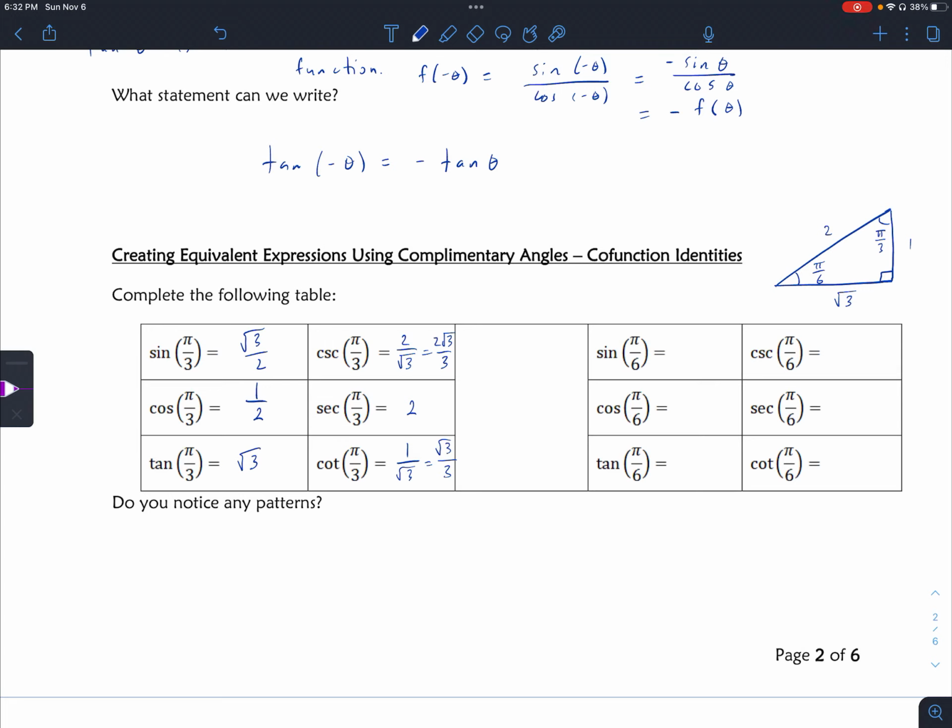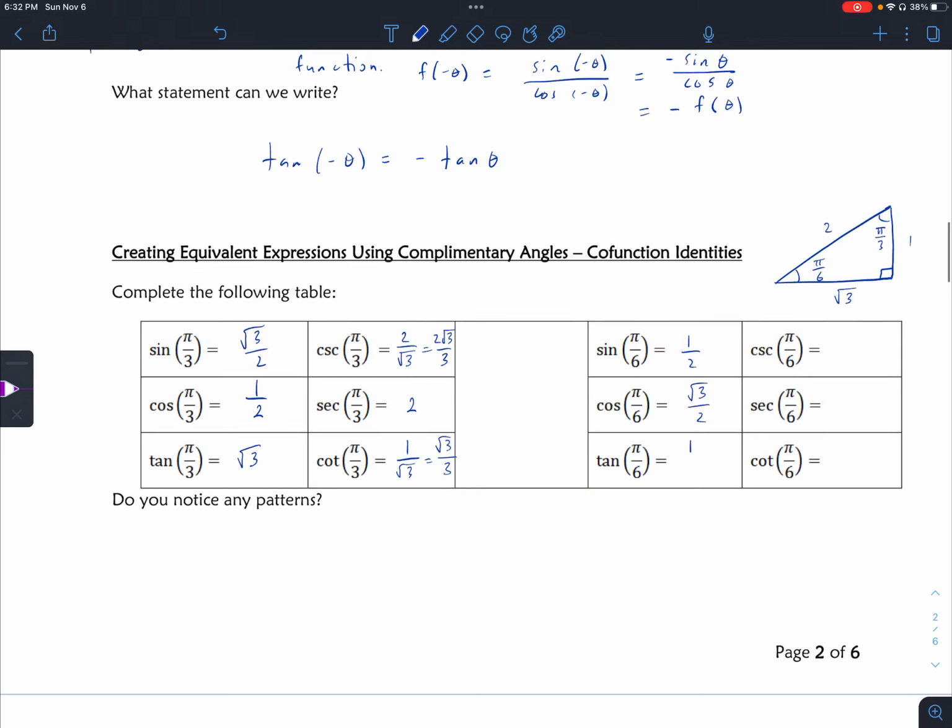Okay, now looking at sine pi over 6, from the special triangle, that's 1 over 2. Cosine of pi over 6 is root 3 over 2. Tangent of pi over 6 is 1 over root 3, which is the same thing as root 3 over 3 if we rationalize.